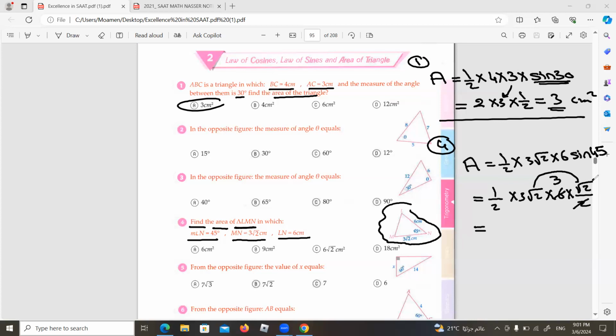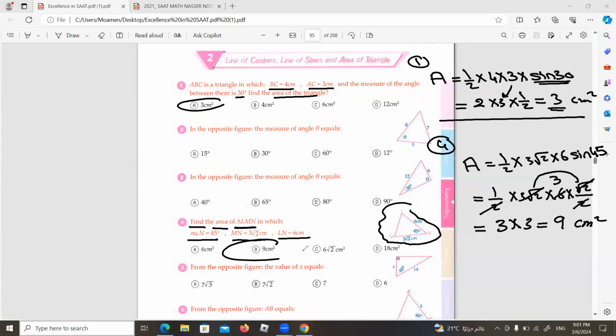So now root 2 with root 2 gives me 2. I'll cancel it with the other half. So what is the remainder? Here we have 3 and here we have 3. So 3 multiplied by 3 is equal to 9. So 9 centimeters squared, which is letter B.